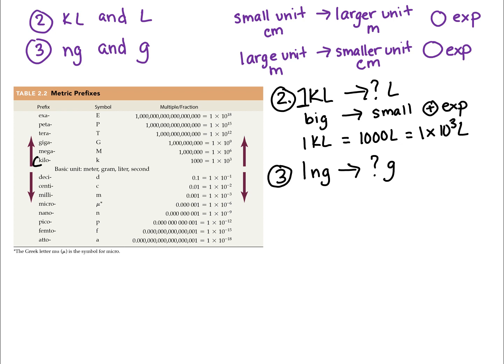My bad, y'all. I realized I wrote it backwards, even though I said it right, I think. But just to be on the safe side, I'm going to say it again. Small unit to a larger unit, we are going to have an answer that is less than 1. So it's going to be a negative exponent.